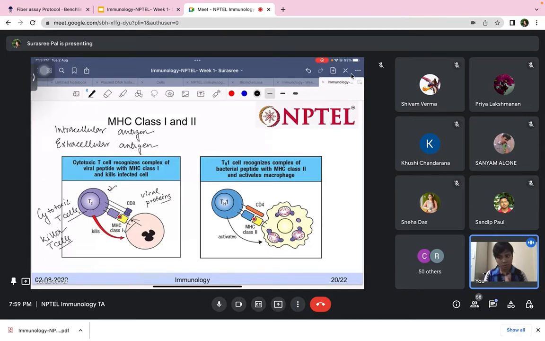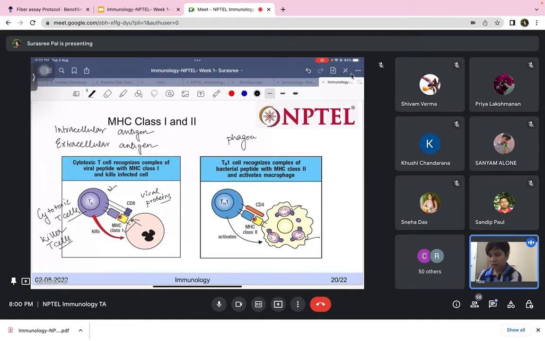And what about the MHC class 2? The MHC class 2 actually presents extracellular antigens to the T cells. Here you can see what an extracellular antigen is. Suppose there's a bacteria in the extracellular space, right, which is outside the cells. When this bacteria infects, there are macrophages residing in our tissues, right? These macrophages go and engulf this bacteria, like you can see here, and this causes phagocytosis.